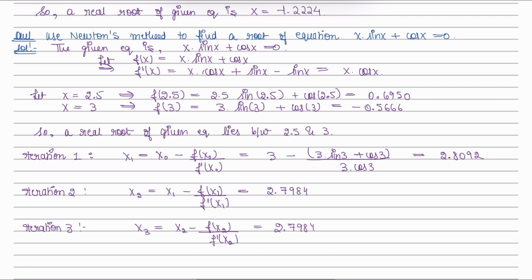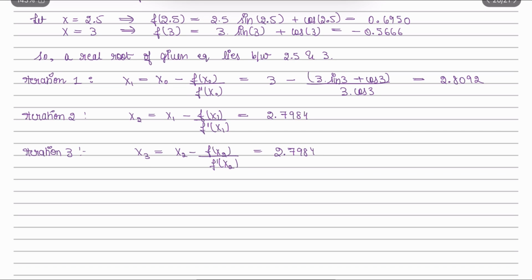From the second and third iteration, we can see that there is no change in the successive approximation to the root. So, a real root of given equation be x is equal to 2.7984.